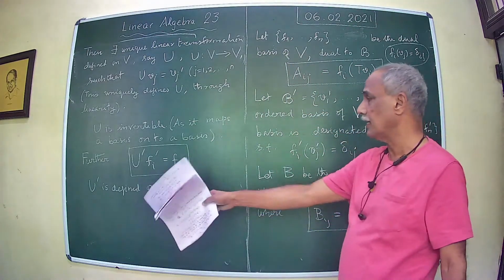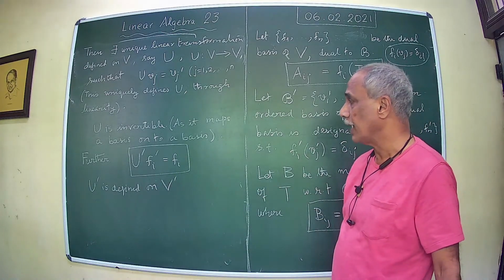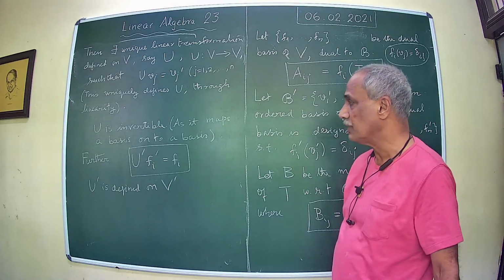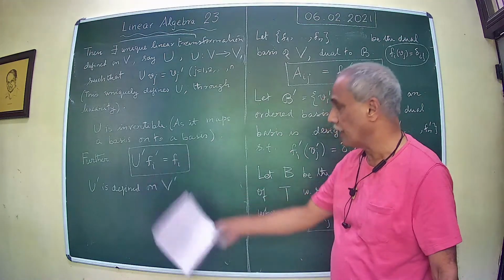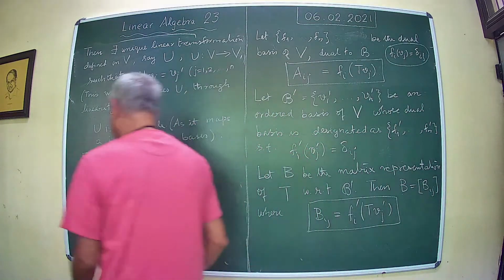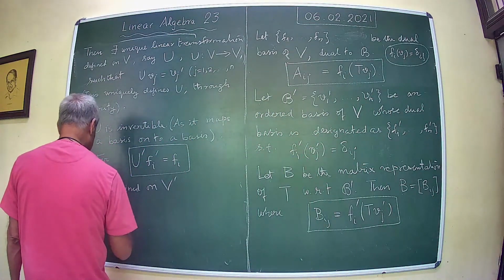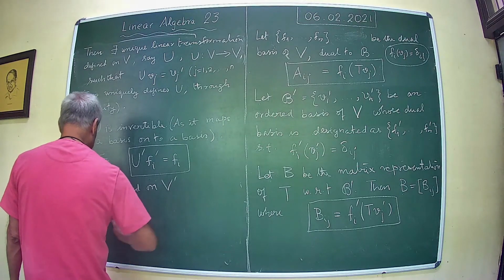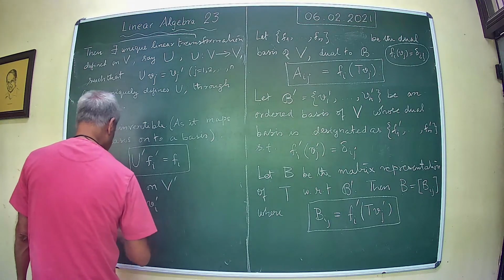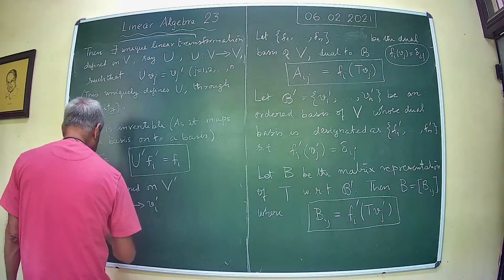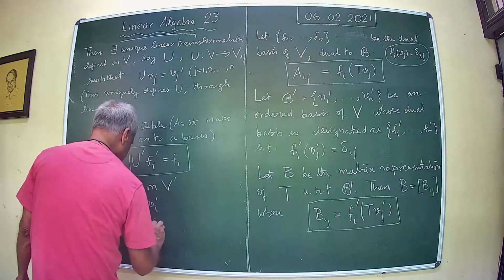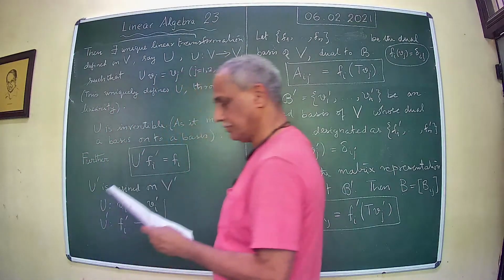Okay, so this is the relation that connects U prime and U. U prime is defined on Fi prime as Fi. So remember, U takes Vj to Vj prime, whereas U prime carries Fi prime to Fi. This is quite easy to verify.